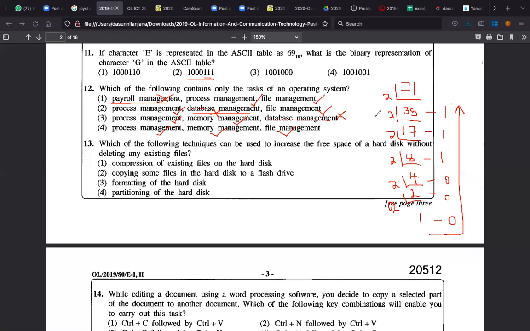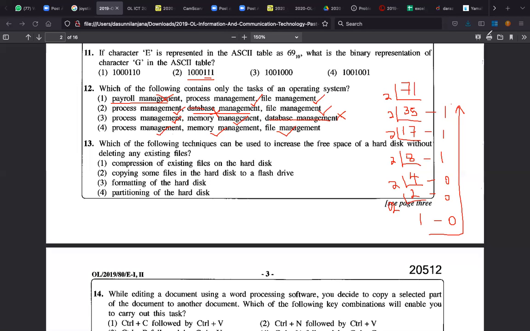So resource management related to hardware, software, and liveware. Liveware resources are users. Software resources are application software and system software. Hardware resources are processors, memory, files, network hardware. Those are the tasks of the operating system. So question number 12, 4 is the answer.